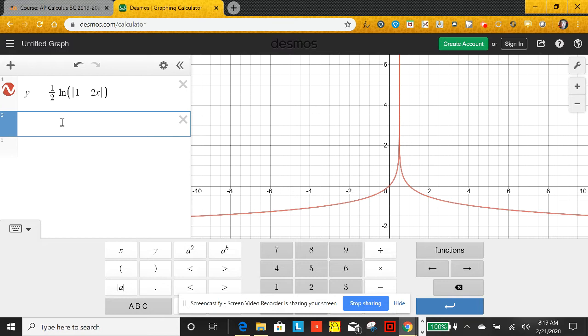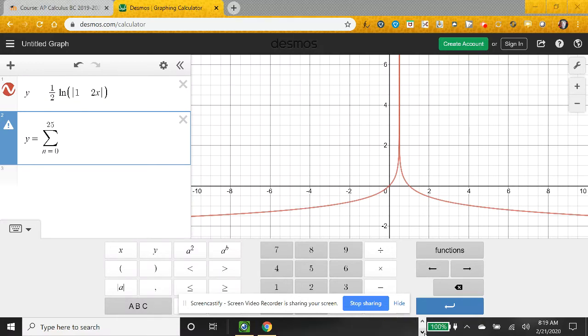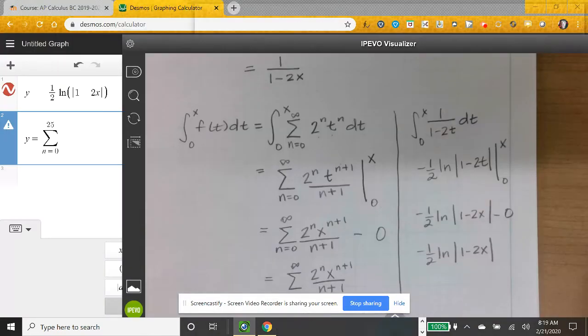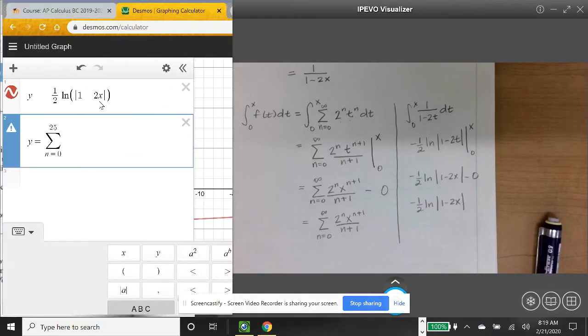log function there. All right, we're going to say y equals the sum from n equals 0 to, you know how picky Desmos is, we're going to do 25 of, and we said, make this so we can see it.